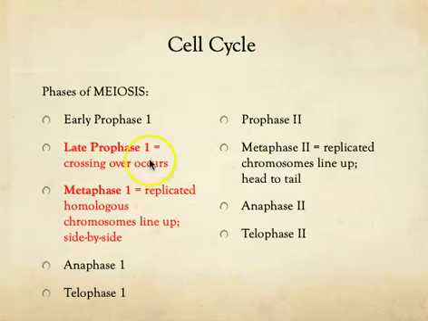Now, it's important to notice that the first division of meiosis does have a cytokinesis at its end. And the second division of meiosis also has a cytokinesis at its end. This is why you end up with 4 gametes, at least in the male.